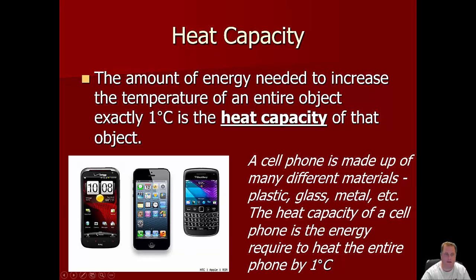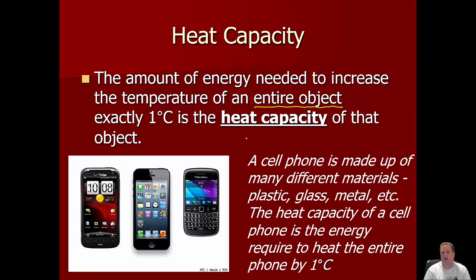So specific heat is for a pure substance, and it's per 1 gram of that. It's a property, kind of like density, of a pure substance. But when we talk about heat capacity, we're saying the entire object or entire sample.